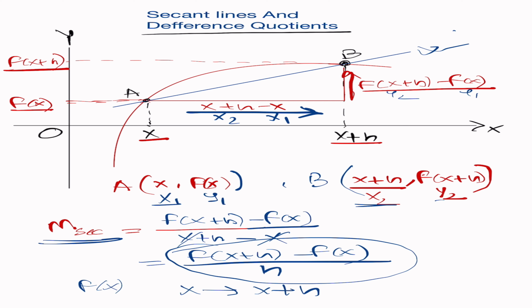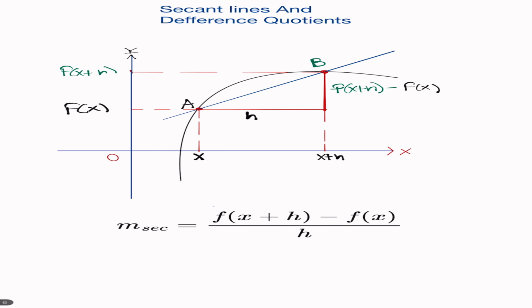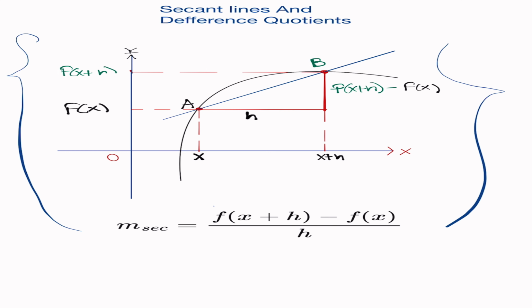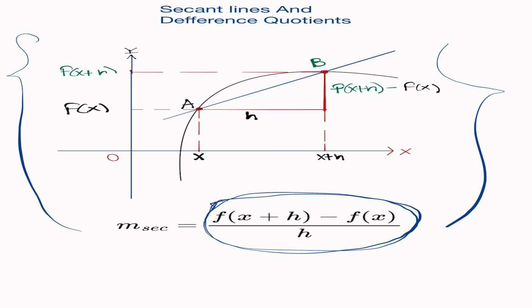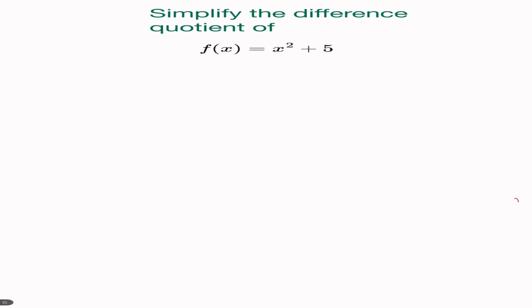Okay, now if you take a look at it, you will find I drew the pictures clearly, and so we got this is the difference quotient, right? If they ask you to find the value of the difference quotient, simplify the difference quotient with a function, you can just use this formula, or the secant line formula, and you will get the answer. So let's do it. Practice one example.